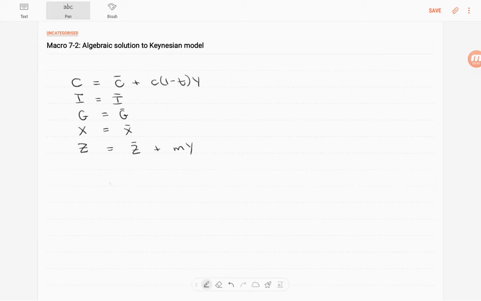So we know aggregate spending is equal to C plus I plus G plus net exports, which is the difference between exports and imports. If we replace all of these with their formulas, we have aggregate spending equal to the following function.